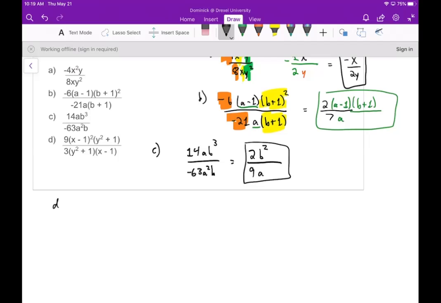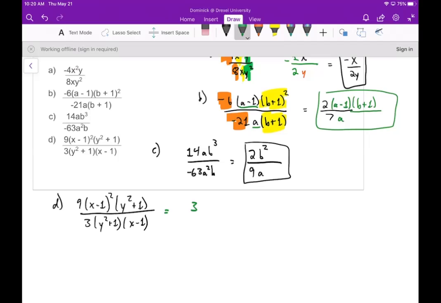Part D, we have 9 times x minus 1 squared times y squared plus 1 over 3 times y squared plus 1 times x minus 1. So here, if I look at 9 over 3, I'm going to be left with a 3 in the top.